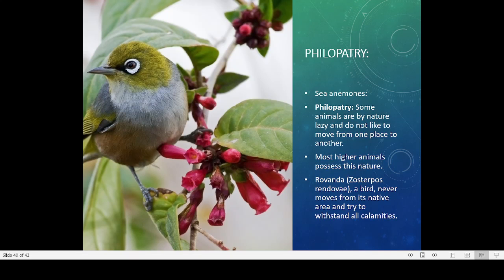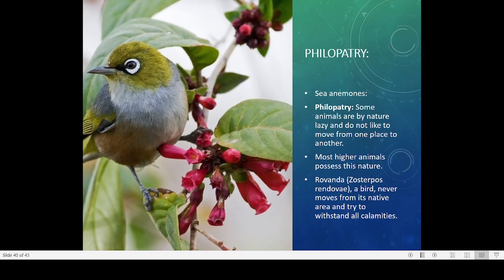So then another process is philopatry. The definition is also given that some animals are by nature lazy. They won't be very active. For example, the loris.